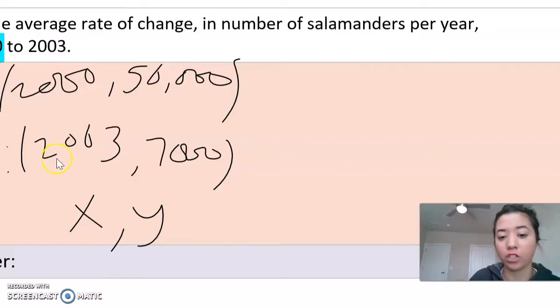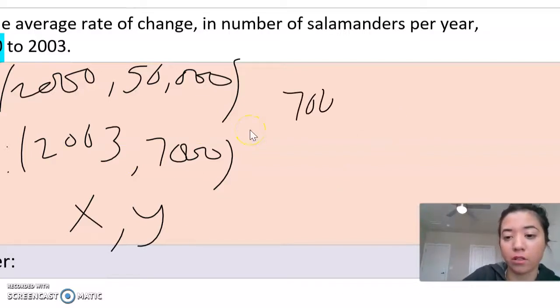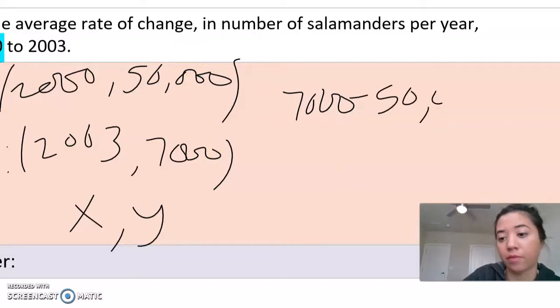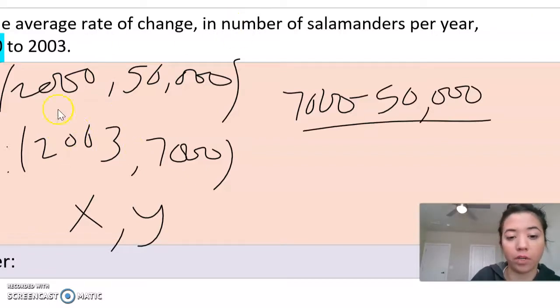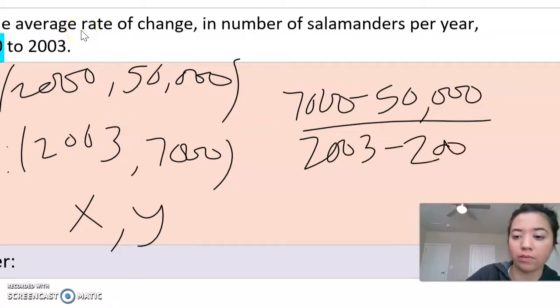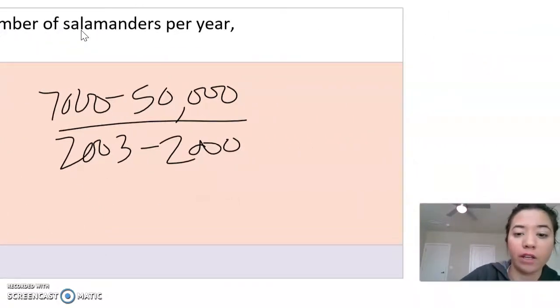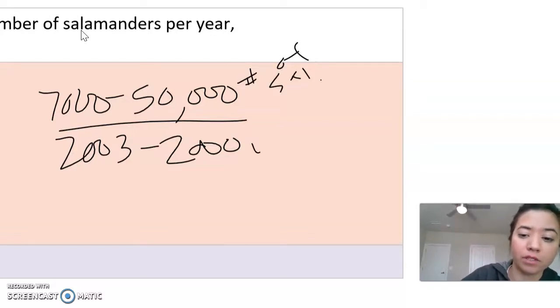So y2, 7,000, minus y1, 50,000, over x2, which is 2003, minus x1, which is 2000. Again, this is my number of salamanders, and this is my years.